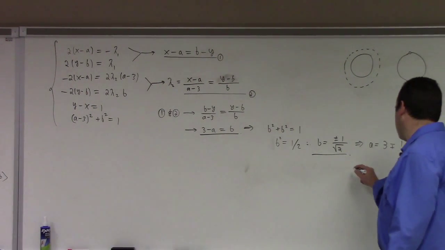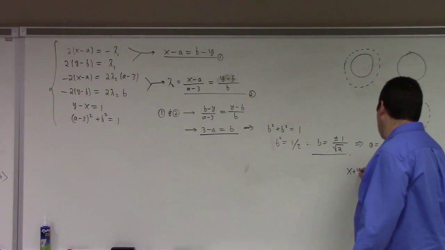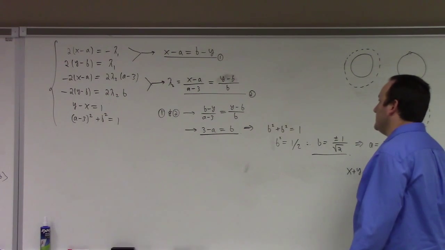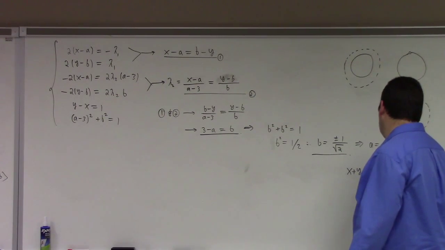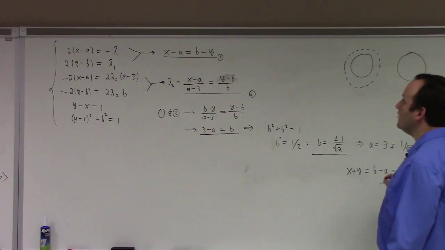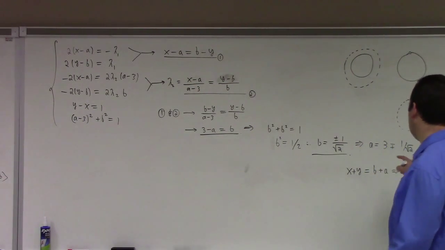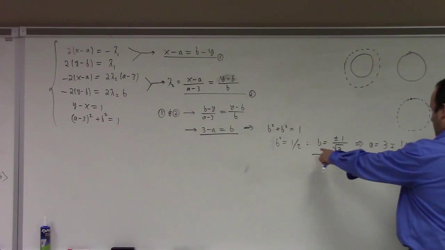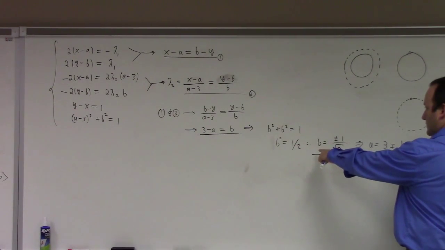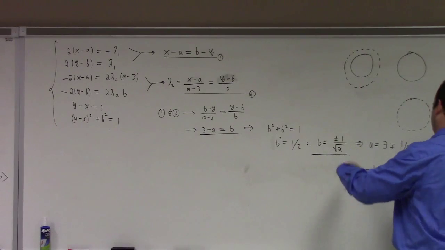Oh, so we get x plus y. X plus y is equal to b minus a? Oh, thank you. Yeah, b plus a. What's b plus a here? Yeah, very good.